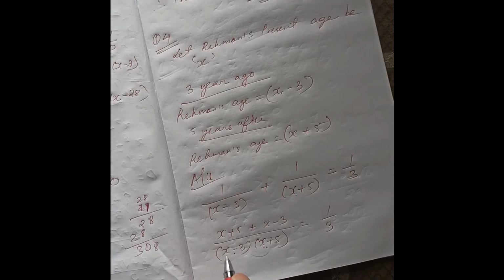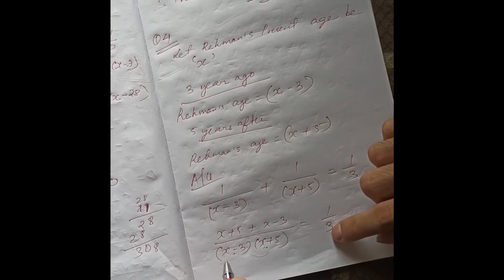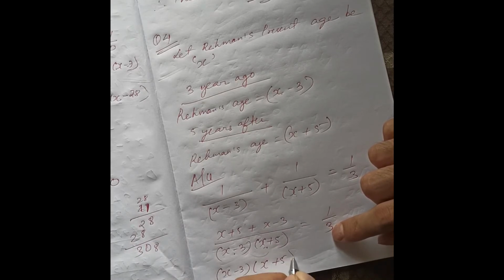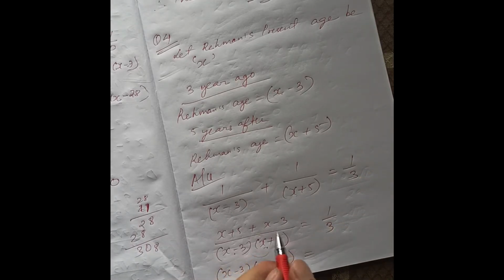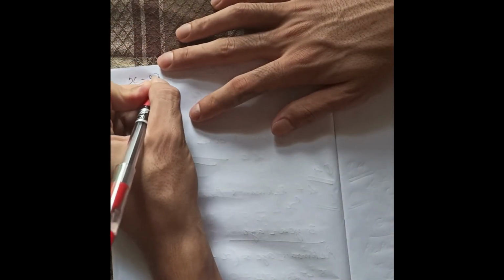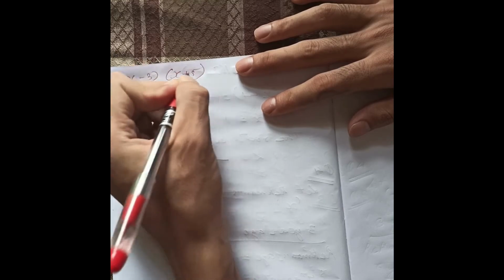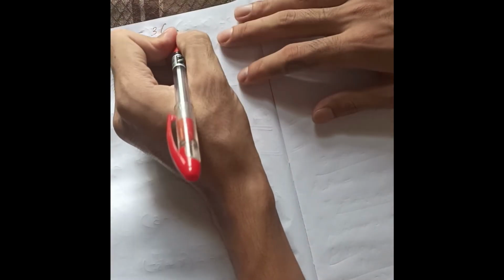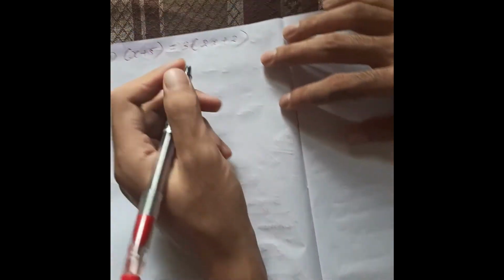Now cross multiplication: 3 into x plus x is 2x, plus 5 minus 3 is 2. So we get 3 into 2x plus 2 equals x minus 3 into x plus 5.